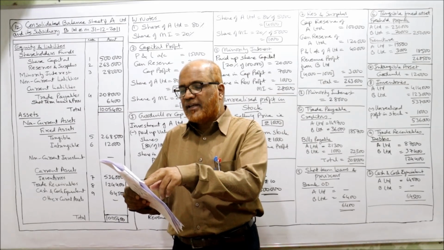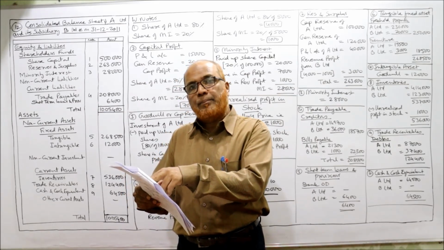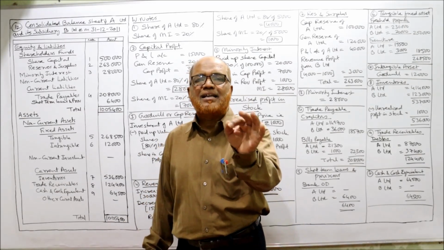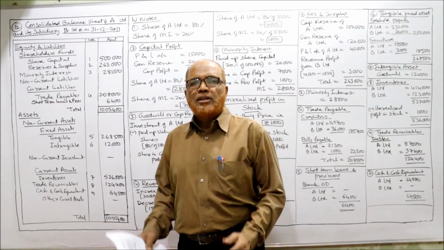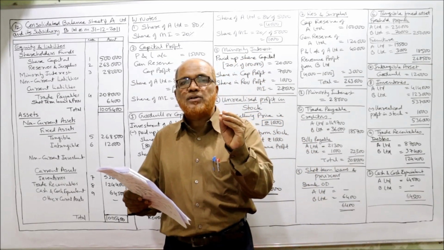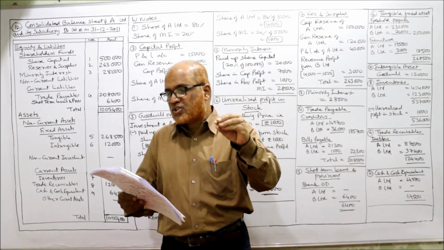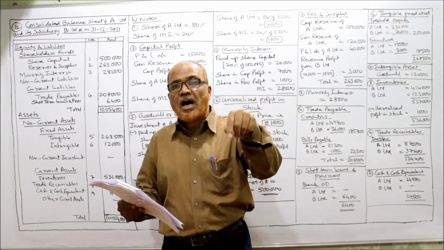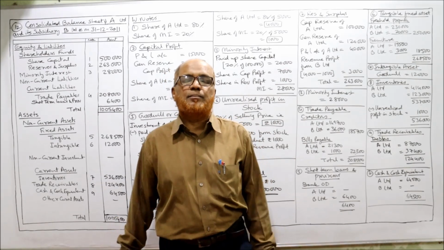Stock held by A Limited includes 5,000 for goods supplied by B Limited at a profit of 20% on selling price, exactly similar to the previous problem. The holding company A Limited holds 5,000 rupees of goods purchased from B Limited, and B Limited has charged a profit at the rate of 20% of selling price.